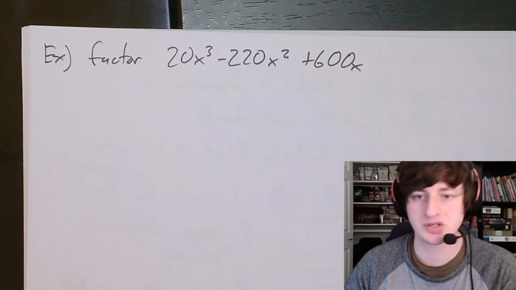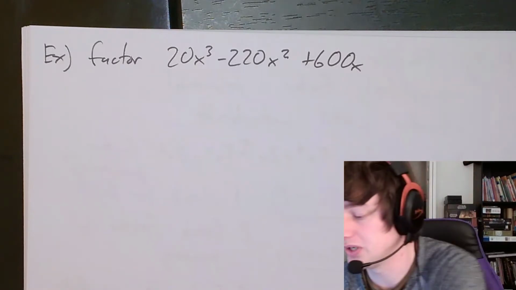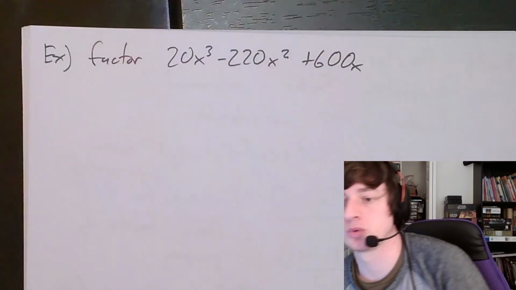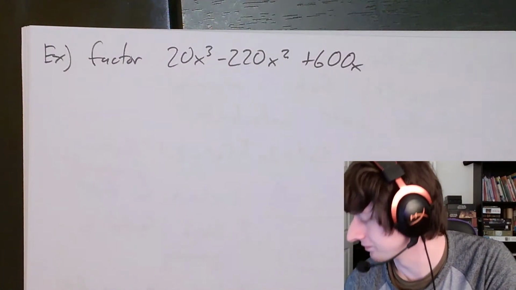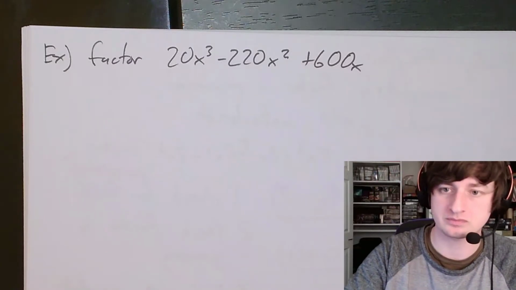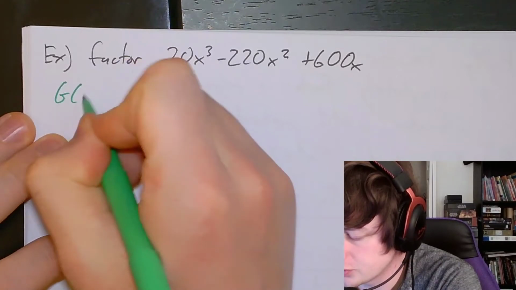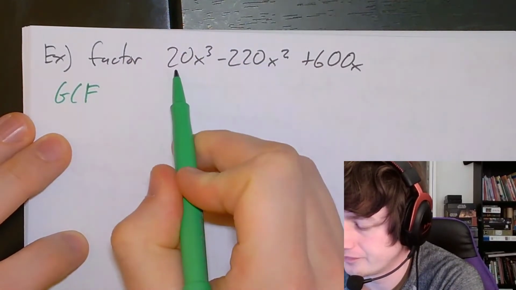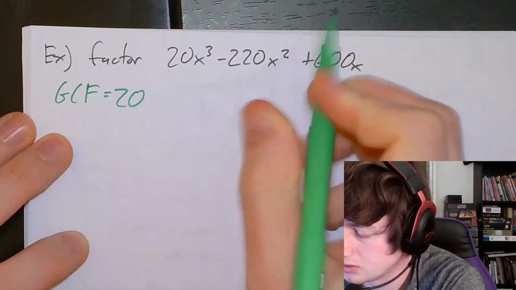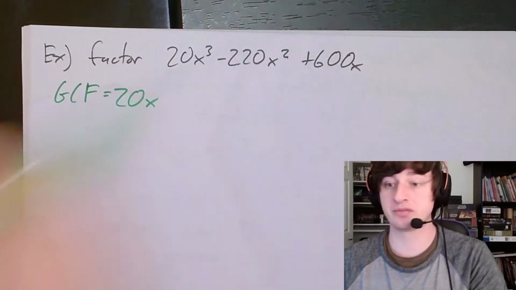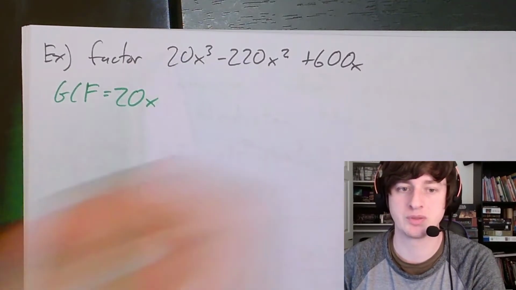Okay, so we check greatest common factor. We check factoring by grouping. I can already tell you, since this only has 3 terms here, we're not going to factor by grouping. It needs to have more than 3. So our greatest common factor, look at the first number and the last variable. So we're going to take out a 20 and an x. Now that's not a hard and fast rule. It's not always that you're going to be able to take out this whole first number here.